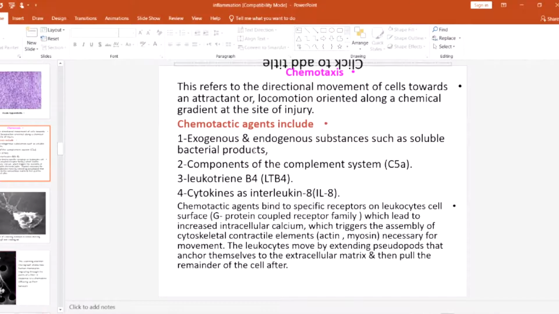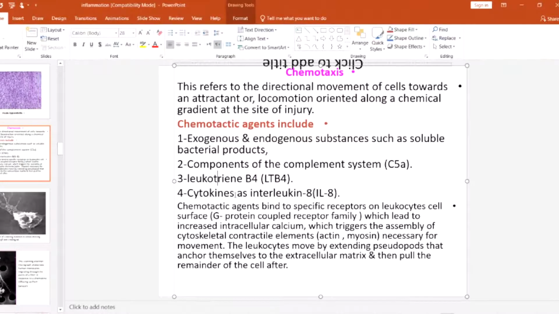The bacteria will form toxin. This will bind with the surface receptor on white BC, or part of complement, or leukotriene, or most important, interleukin 8. This is a cytokine. This will bind to a specific receptor, we call it G receptor, on the surface of white BC.